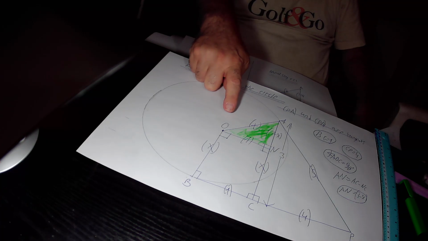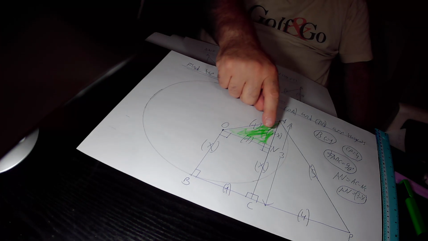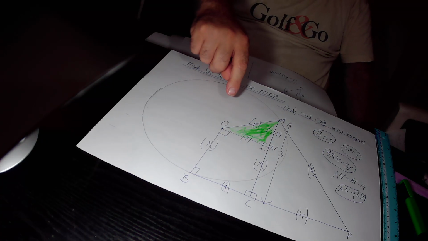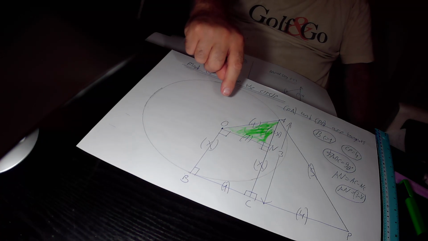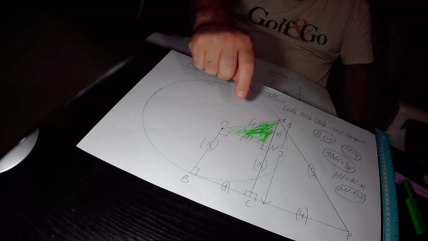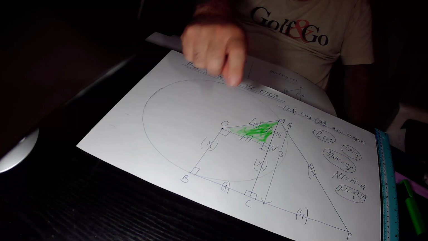Before that, we did a construction: from point O, we go perpendicular to AC. So this angle equals 90 degrees, and this one also equals 90 degrees according to our construction. By doing this construction, we created quadrilateral ONCB, and I already explained that quadrilateral ONCB is a rectangle.